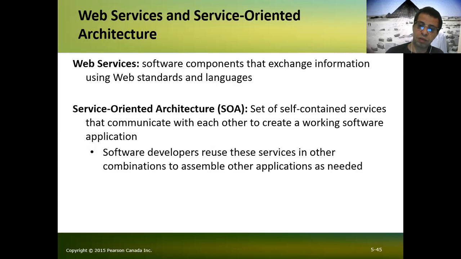Software developers usually have a small program. One way of programming is to cut it into small pieces, or bring small pieces and add them together, and you add more pieces together to develop a new one. So it becomes more sophisticated. A software developer reuses these services in other combinations to assemble other applications as needed.